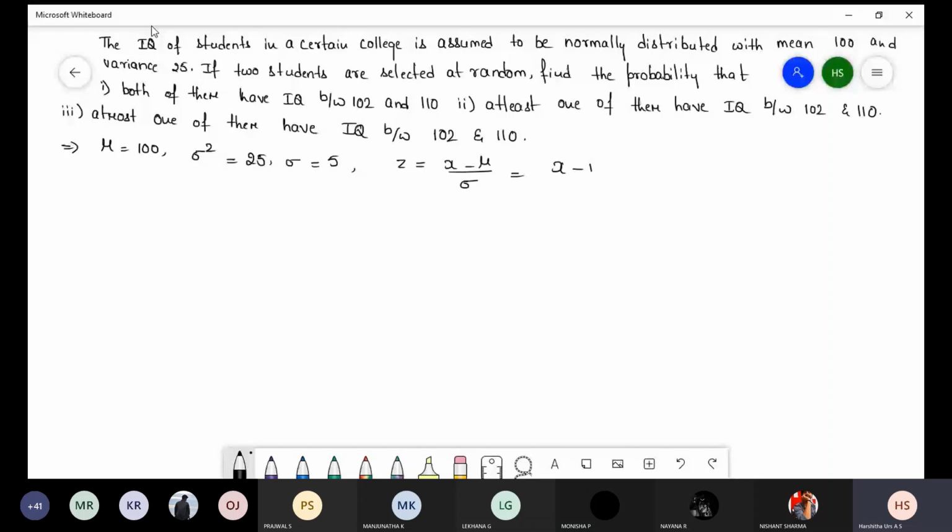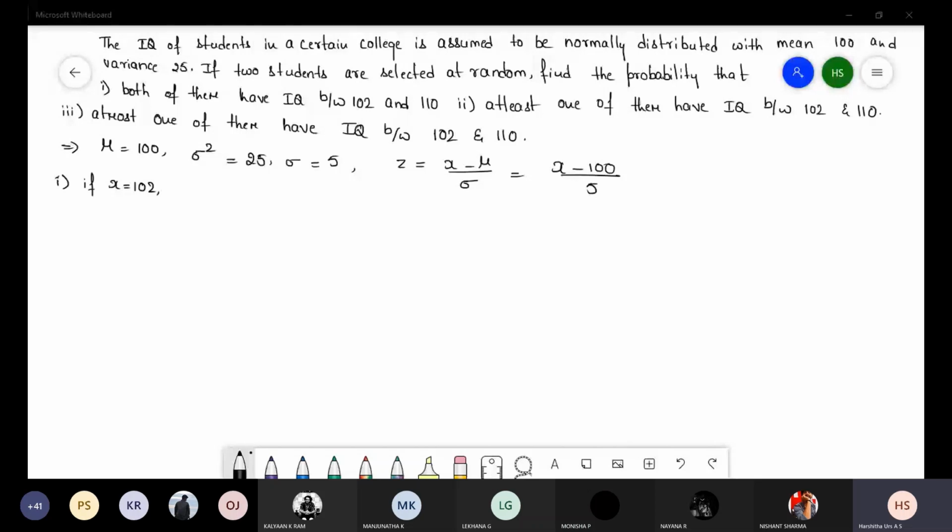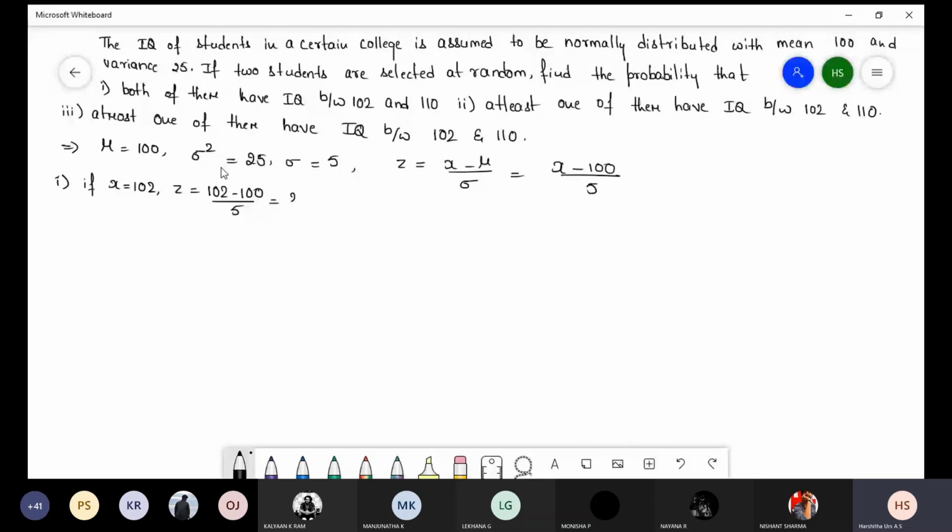Now first one, if x is equal to 102, z is equal to 102 minus 100 divided by 5, so 2 by 5, the value we get is 0.4.